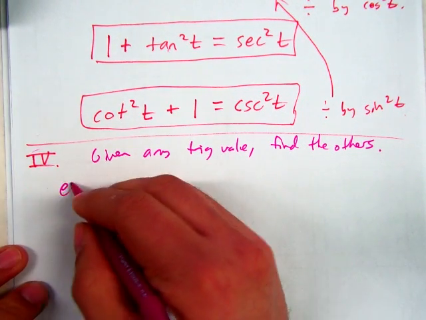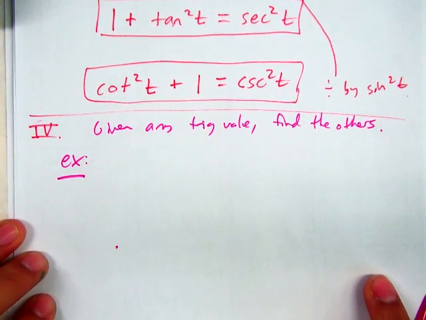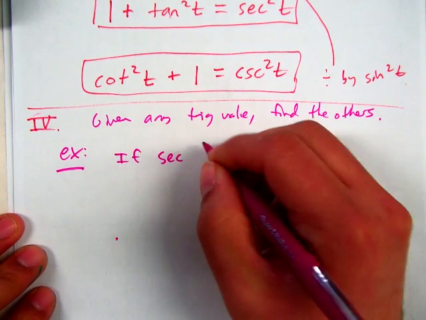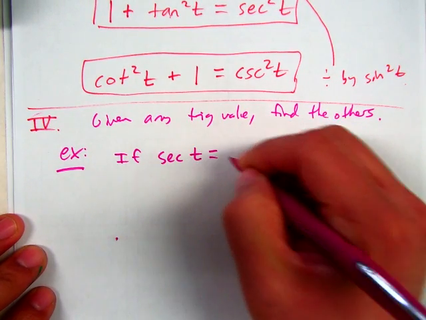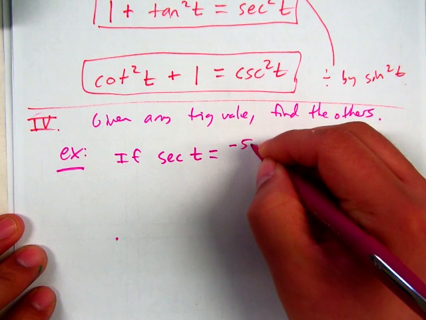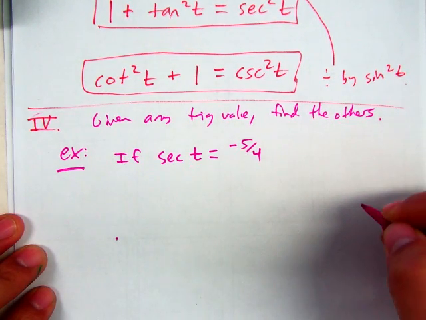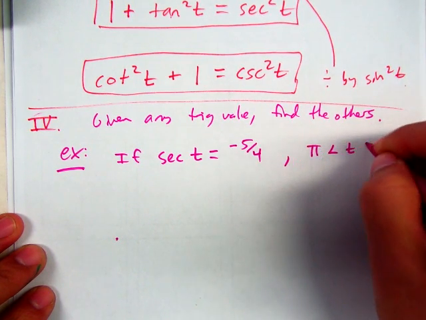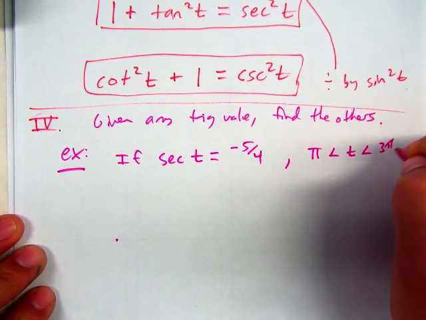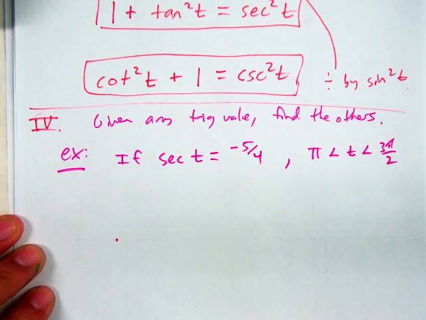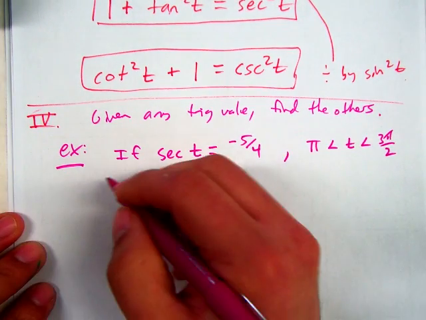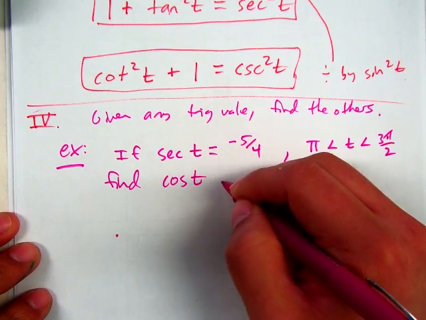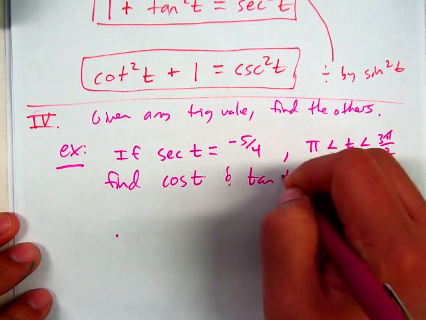So here's an example. If secant of an angle t equals, let's say, negative 5 over 4, and let's say t is between pi and 3 pi over 2, let's find cosine t and tangent t.